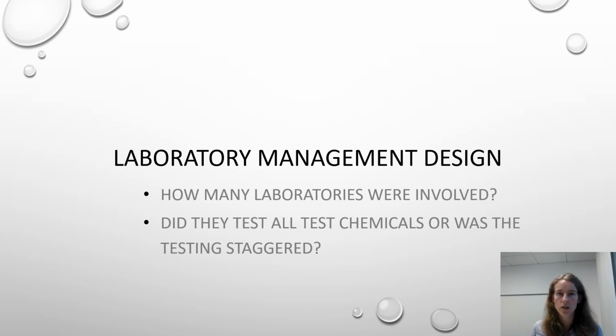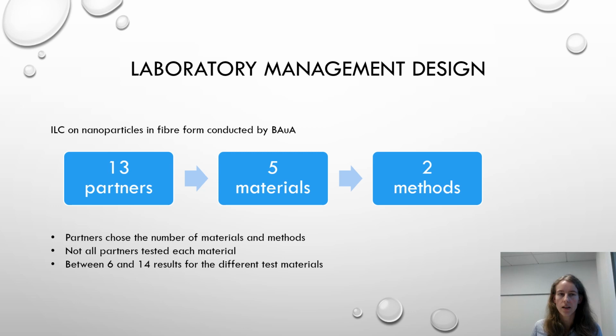Now to the questions on the laboratory management design. How many laboratories were involved? Did they test all chemicals, or was the testing staggered? In our ILC on the nanoparticle and fiber forms, we had 13 partners from 8 countries across the globe.